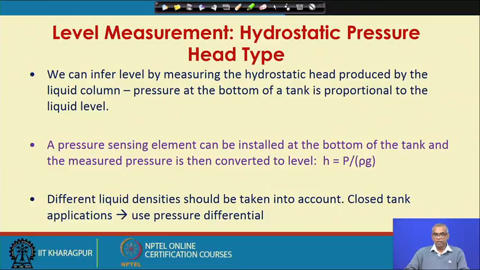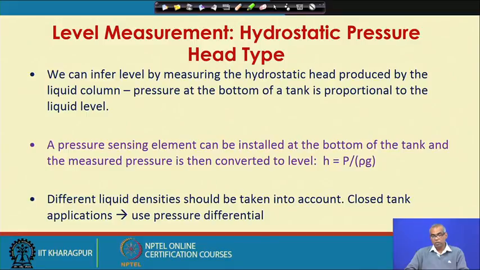A pressure sensing element can be installed at the bottom of the tank and the measured pressure is then converted to level using the familiar equation P equal to rho g h, where P is pressure, rho is the density, g is acceleration due to gravity and h is the level of the liquid.